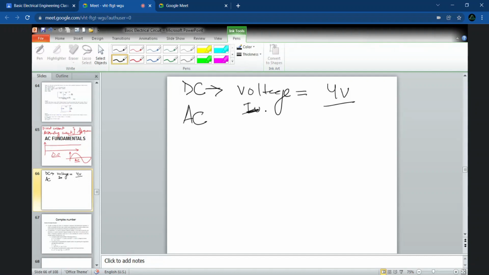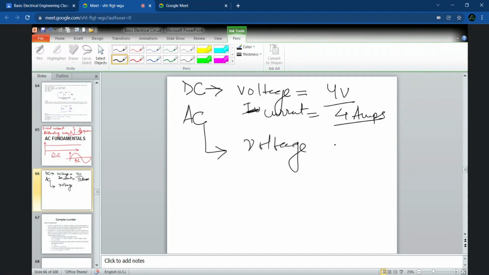Now you need to mention the current as, say, 4 amps. Is it clear? Now, in case of AC, when you need to mention the value of the voltage, can you write it as only 4 volts? No, it's wrong. Because here, the instantaneous value needs to be shared.